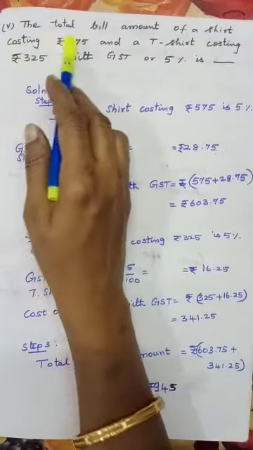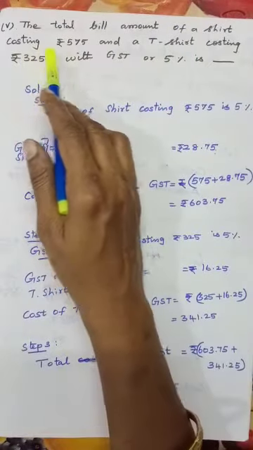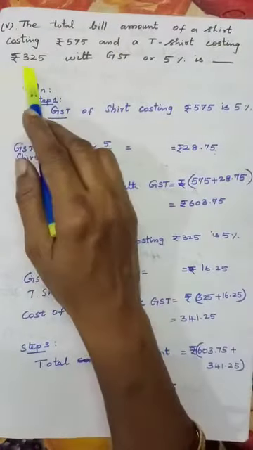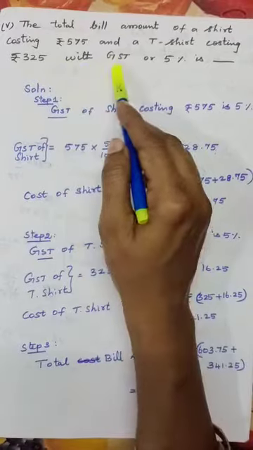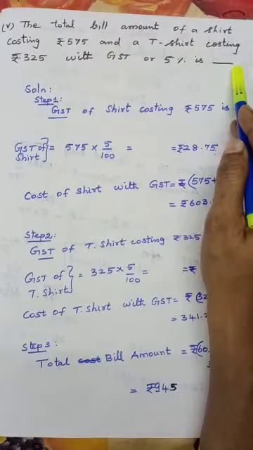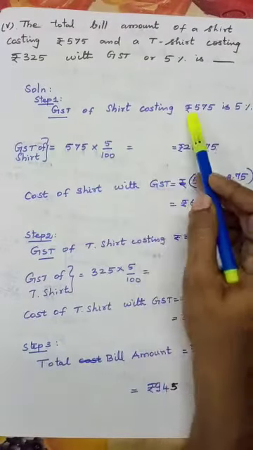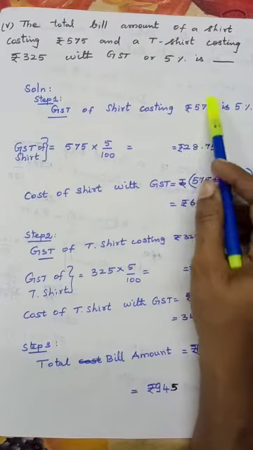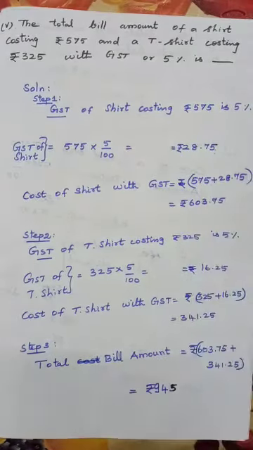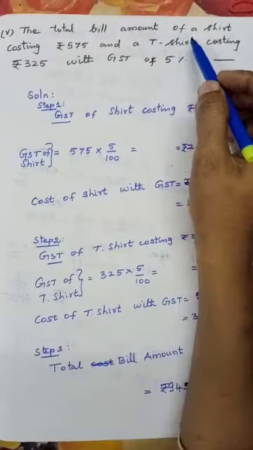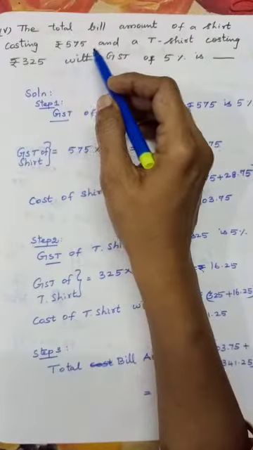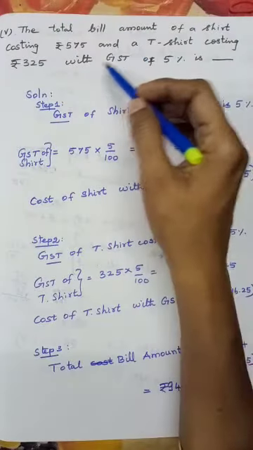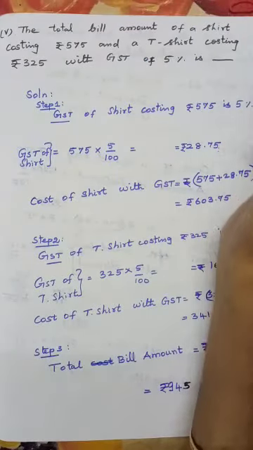Fifth problem. The total bill amount of a shirt costing rupees 575 and a t-shirt costing rupees 325 with GST of 5% is dash.